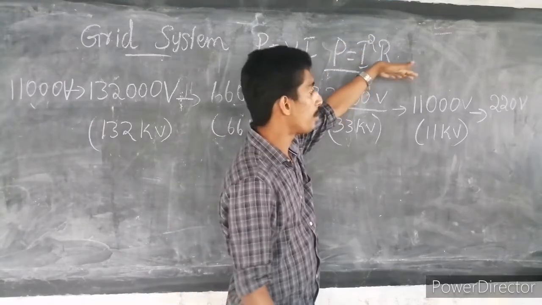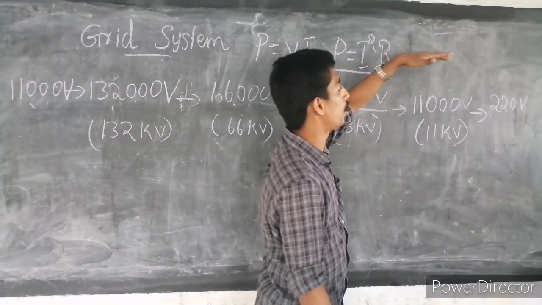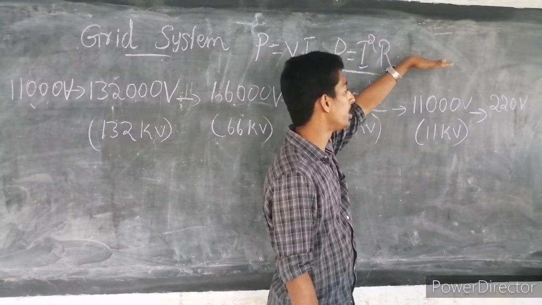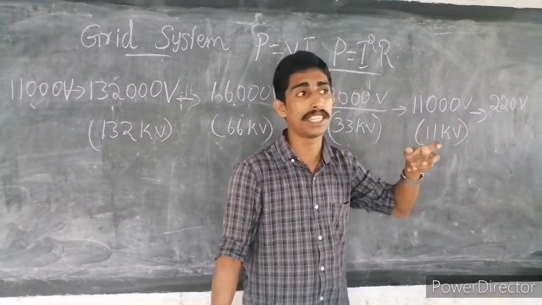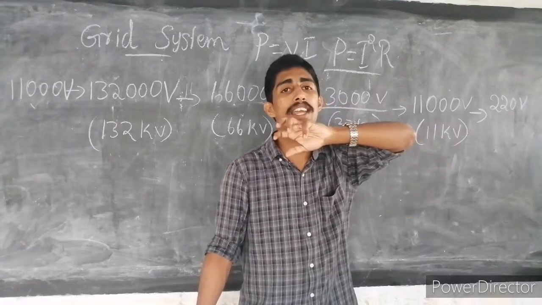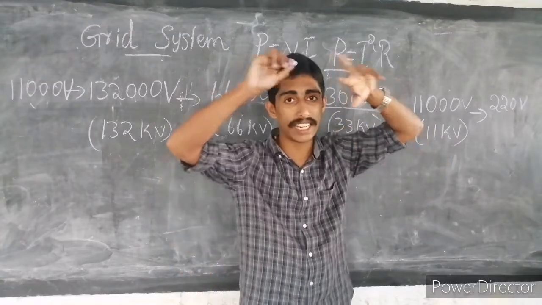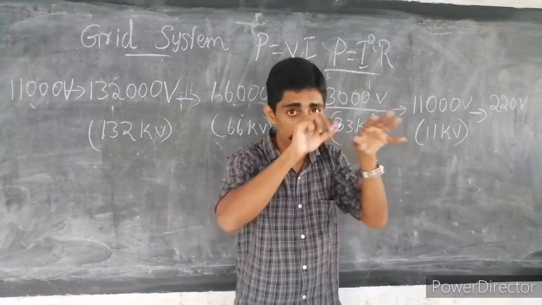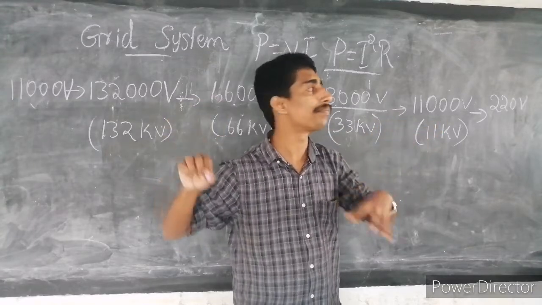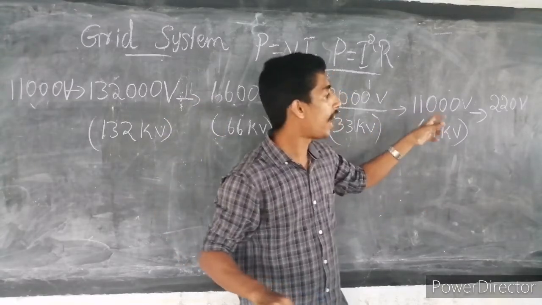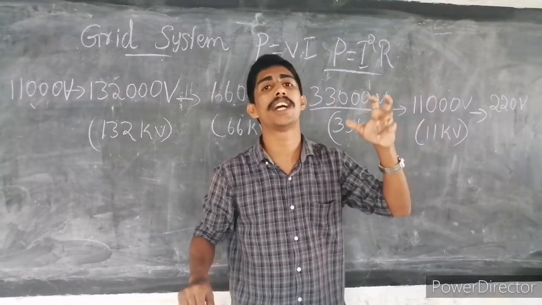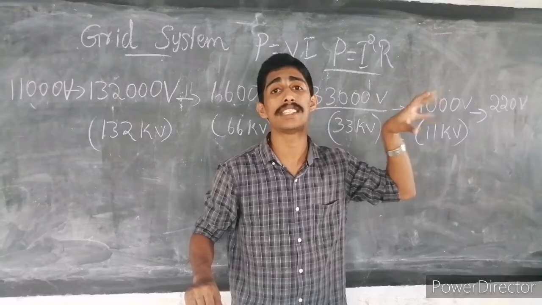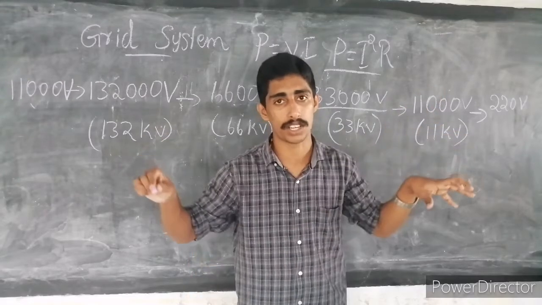Then another transformer will reduce it again to 11,000 volt, 11 kV. 11 kV is the electric line you may see passing on the big electric posts, not the usual small ones. Those 11 kV lines are connected to the small transformers near our house.